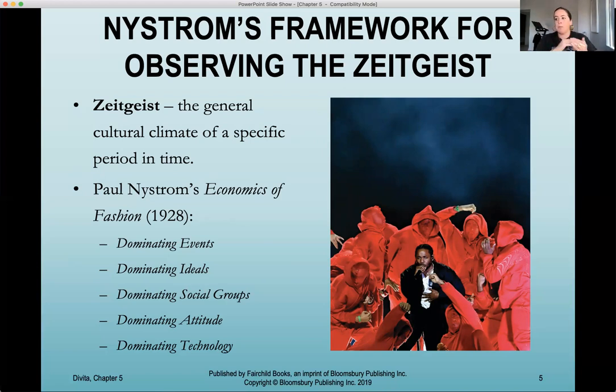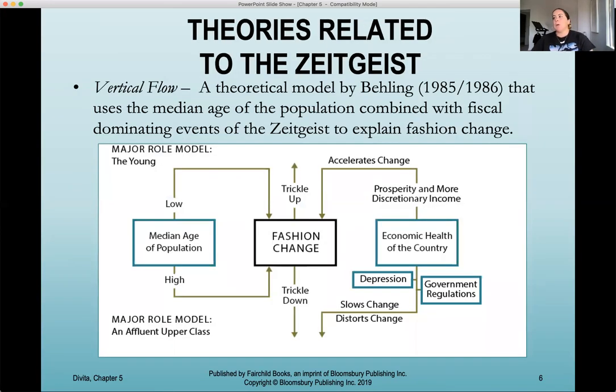So there's a couple of factors within the economics of fashion, and you'll need to know this for your quiz. So the first is dominating events, dominating ideals, dominating social groups, dominating attitude, and dominating technology. Okay, so there's a bunch of theories that are related to the zeitgeist.